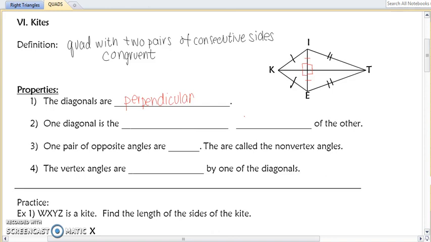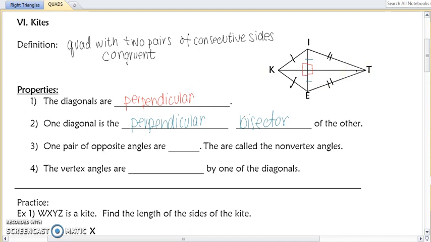Our next thing is that one diagonal is the perpendicular bisector of the other diagonal. So in this case, we will have that I to this center point to E will be congruent because KT is the perpendicular bisector of IE.